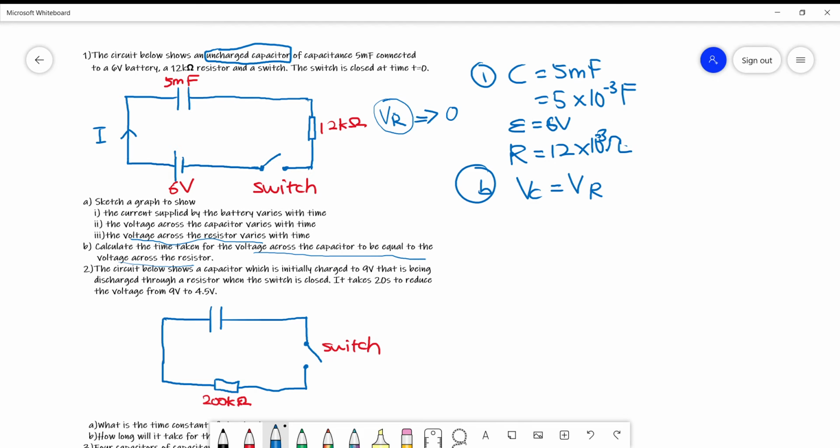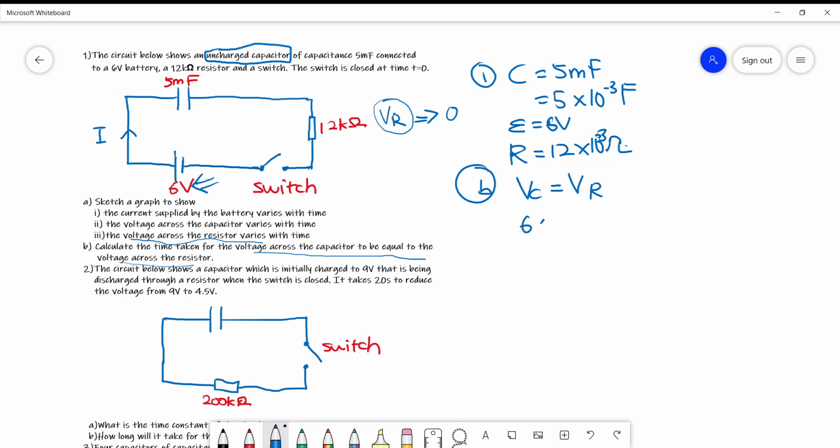So if we wish to find the potential difference for both the capacitor and the resistor, which are equal to each other, we need to divide the electromotive force of the battery by 2.